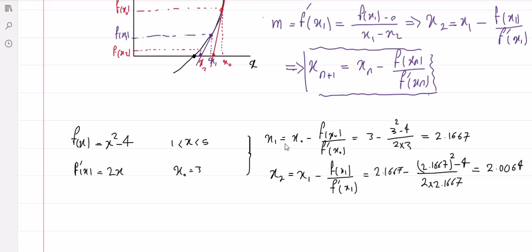We should actually continue calculating more guesses until we see convergence in our answer. So we would actually get the same value if we continue calculating more x's.